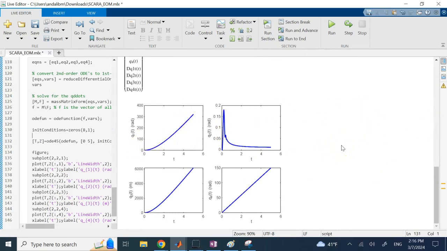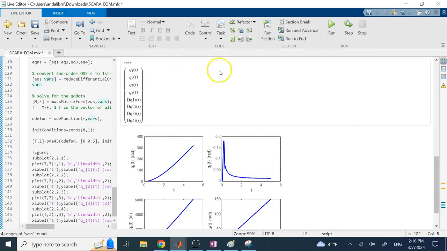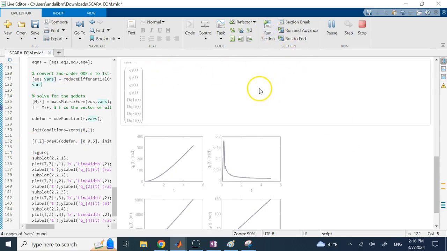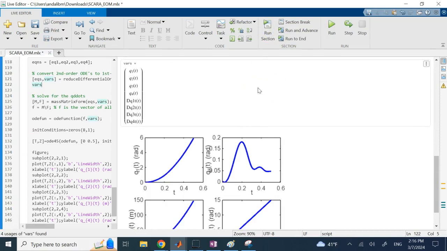Q1, 2, and 4 are in radians. Q3 is in meters, and of course Q3 can never go up that much. You know that, right? It has mechanical limitations. So here maybe I need to solve it for half a second or something, and really not for that long. Even in half a second it can go far up.